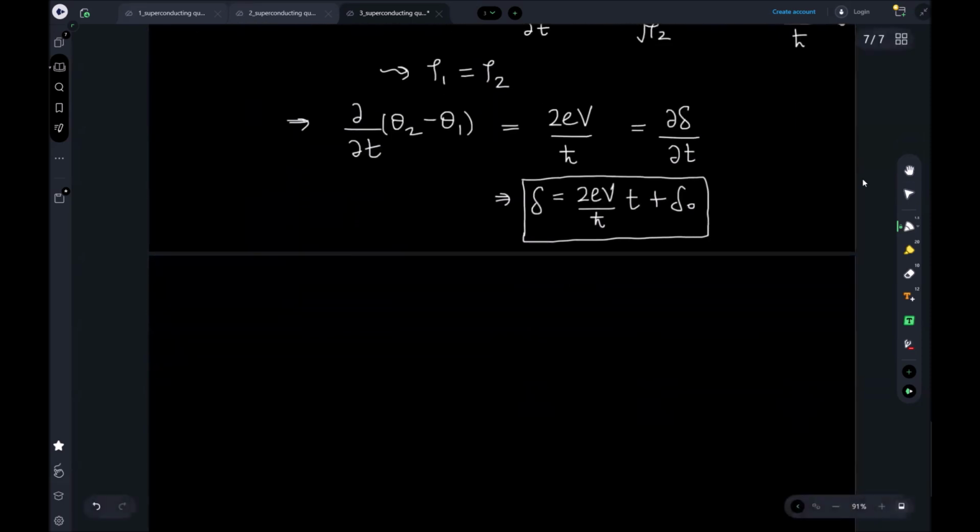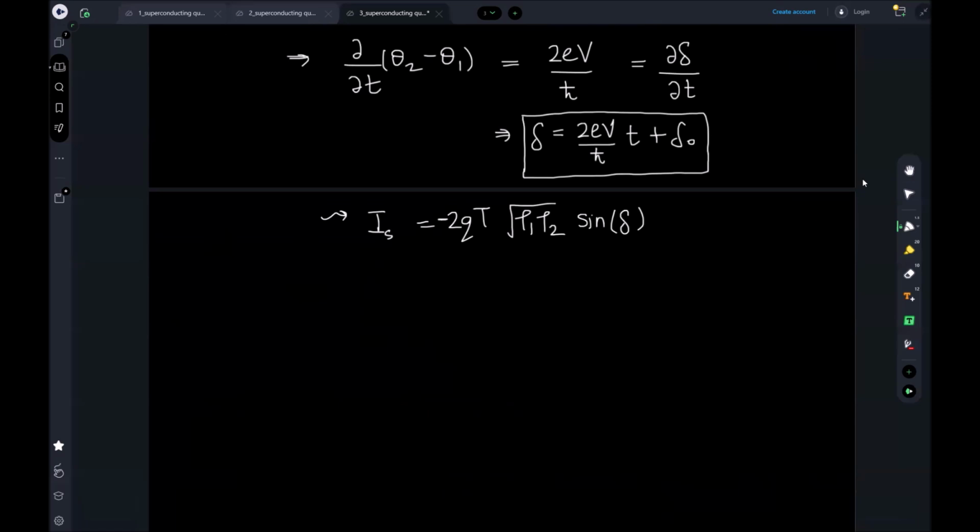Now, if you recall the expression of the supercurrent from the previous video, it was, and if I now substitute the expression of the phase difference here inside the argument of the sine, this is what we get.